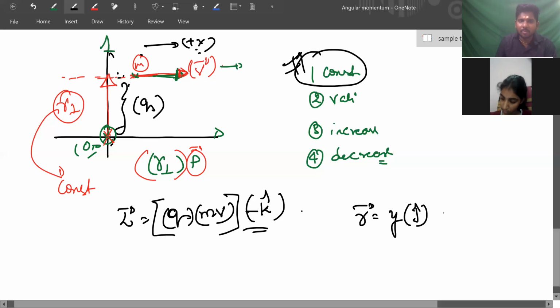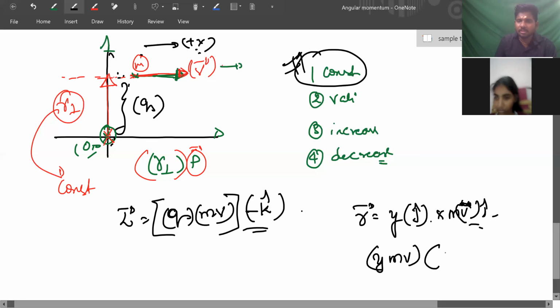The p vector is mv i cap. So j cross i is what? Taking mv y outside, j cross i is minus k, right?